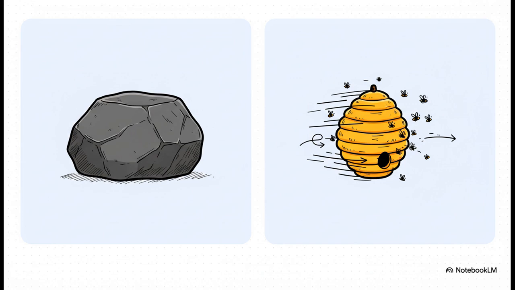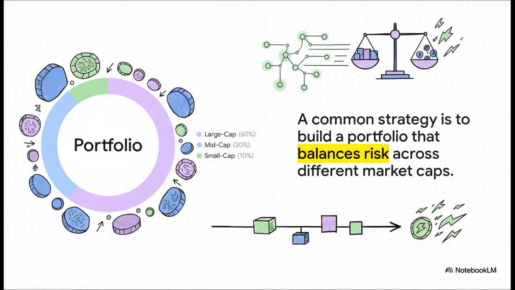It shows there's a lot of interest, and it means you can actually buy or sell easily. Understanding these tiers is also a game changer for diversification. For instance, a pretty common strategy is to balance your risk. You might put the majority of your portfolio in stable large caps, a good chunk in growing mid caps, and then maybe just a small slice for those high-risk, high-reward small caps.